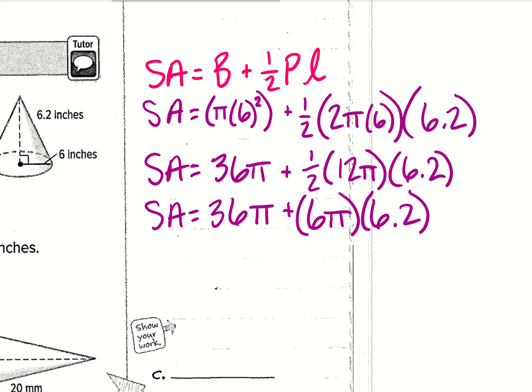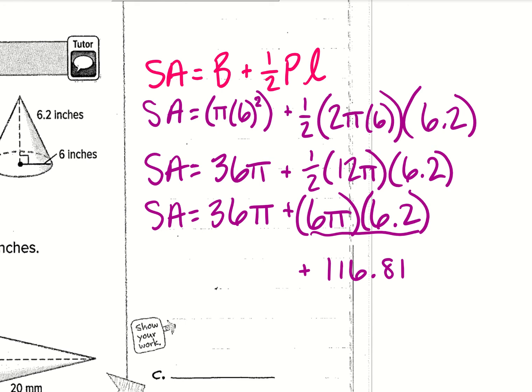I'm going to do 6 times 3.14 for pi, get 18.84, and then multiply that by 6.2. So I multiplied all three of these together and I got 116.81 approximately. Then that has to be added to 36 pi, and I'm going to do that right now as well.